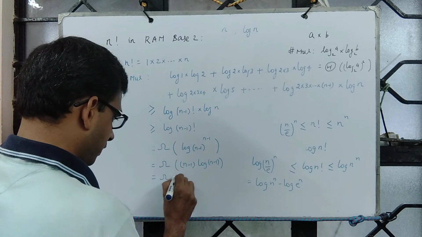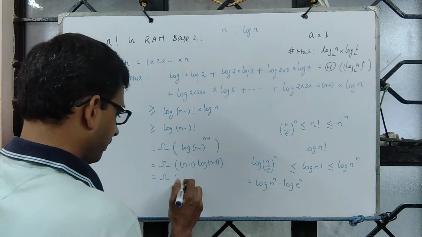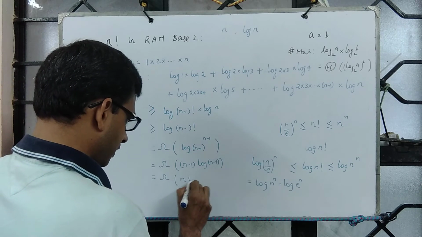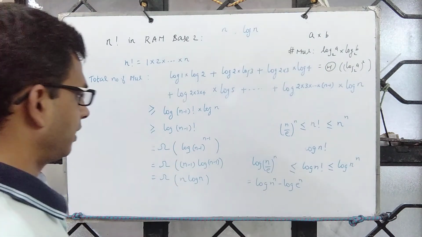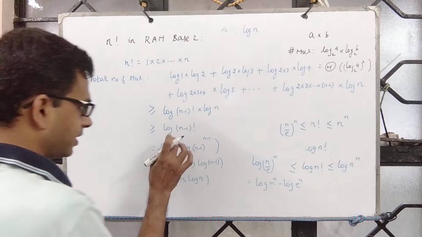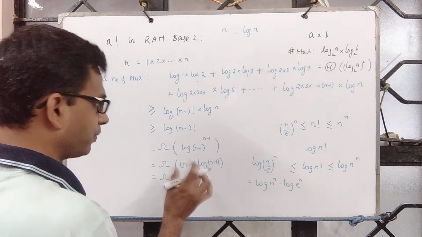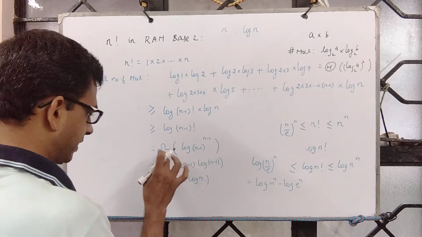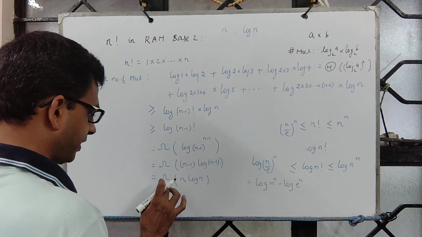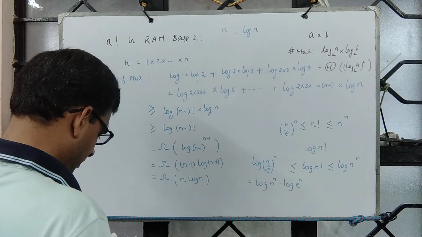This can be further simplified to get n log n. Fine. So I'm just taking terms which are necessary for me to conclude what I need, and I'm dropping other terms because we are working with the lower bound, in particular asymptotic notation. So this can be rewritten.